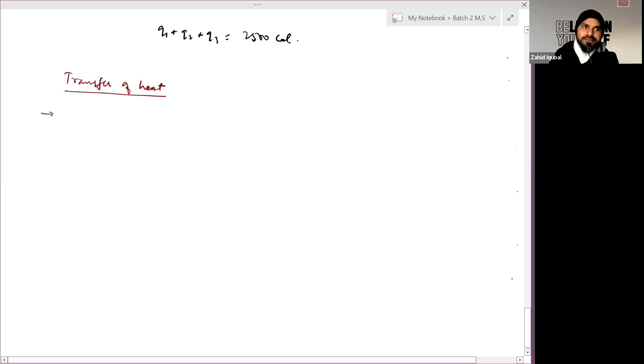In this, the first process is conduction. Next is convection, which is deleted from your course. And third is radiation. So let's start with the first part, conduction.